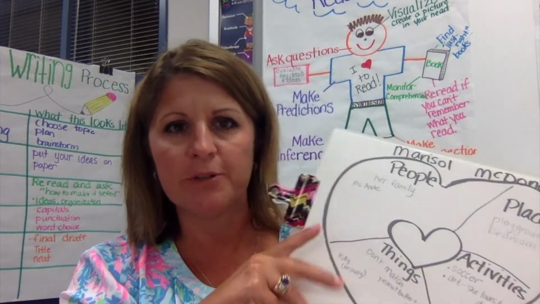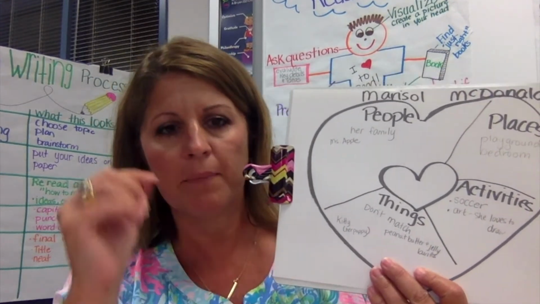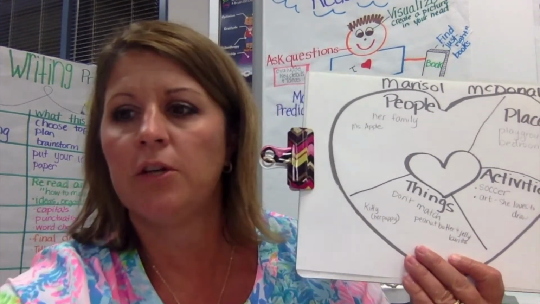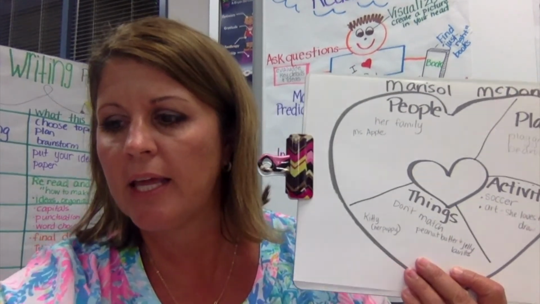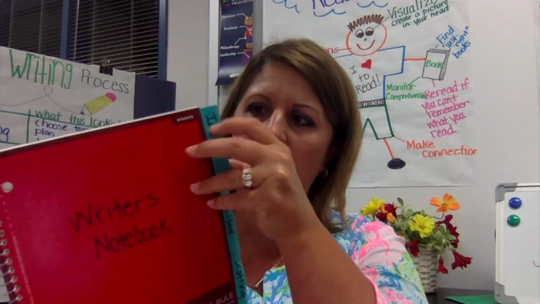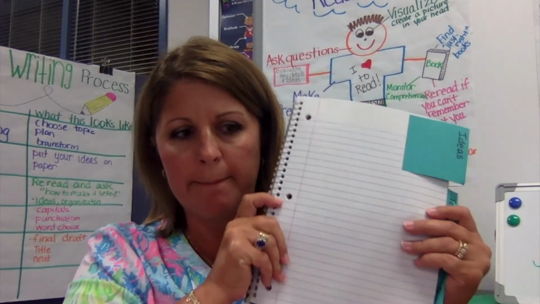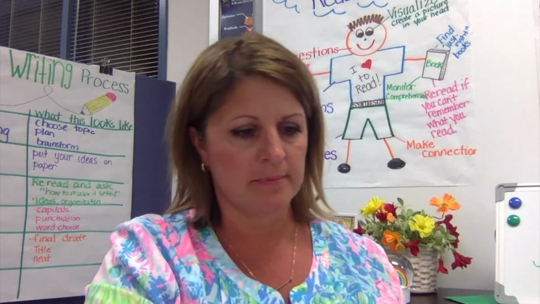Now we're going to move into making your own heart map, okay? So I want you to get out a piece of paper or turn to your ideas section in your writer's notebook. Do you remember the writer's notebook from the other day? So I'm going to turn to my ideas tab right here. This is my very first piece of paper, and I'm going to draw a big heart.